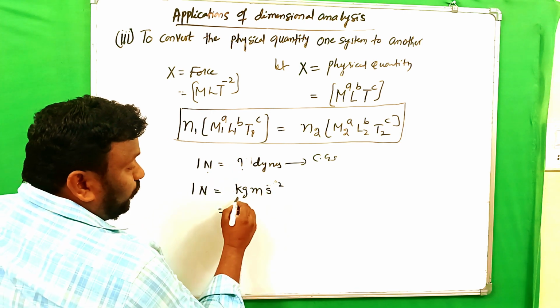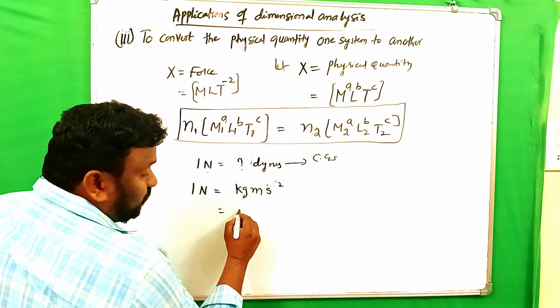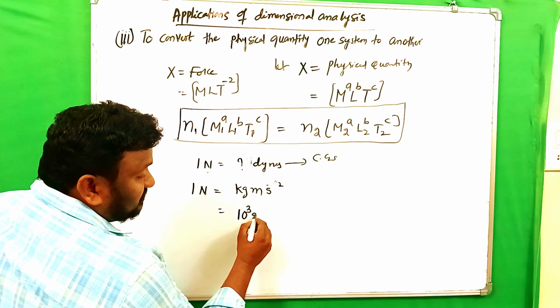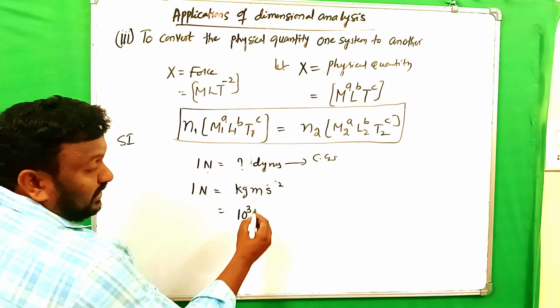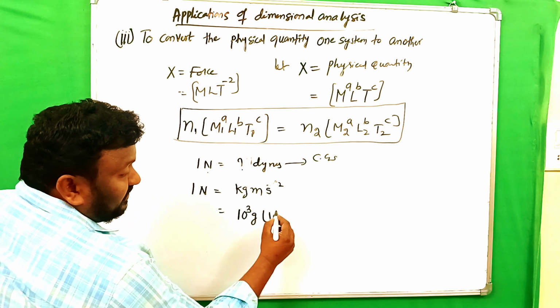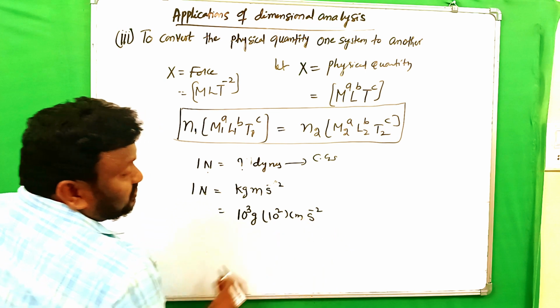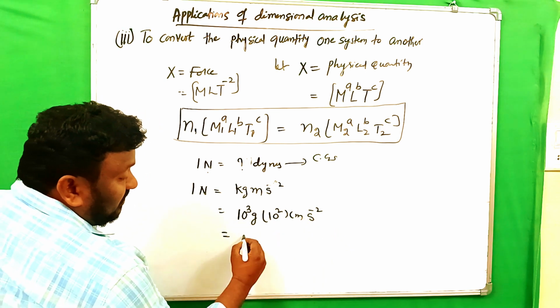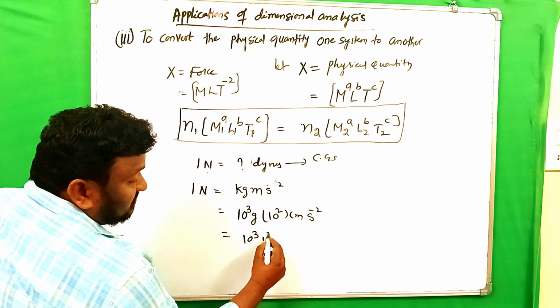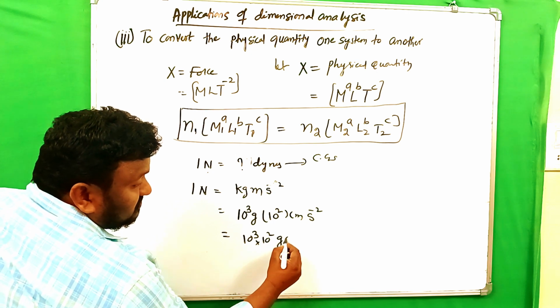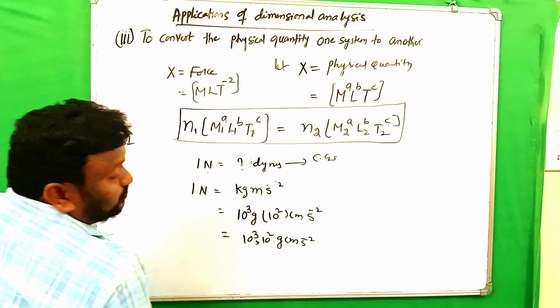Now 1 kg means 1000 grams, and 1 meter is equal to 100 centimeters, and this is second inverse 2. Now we can write 10 cube into 10 square gram centimeter second inverse 2.